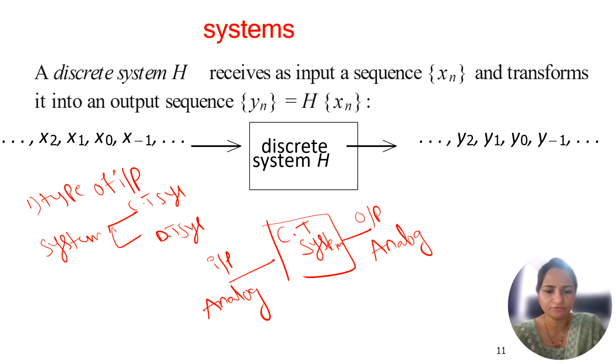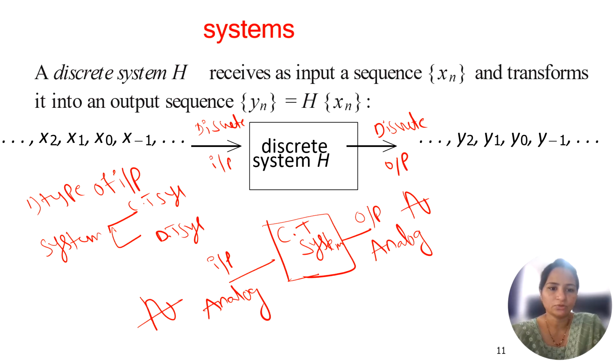So a continuous signal will provide a continuous output, and this type of system we call a continuous time system. Now coming to the discrete time system, the input is discrete in nature as well as the output is discrete in nature. This type of system is called a discrete time system.